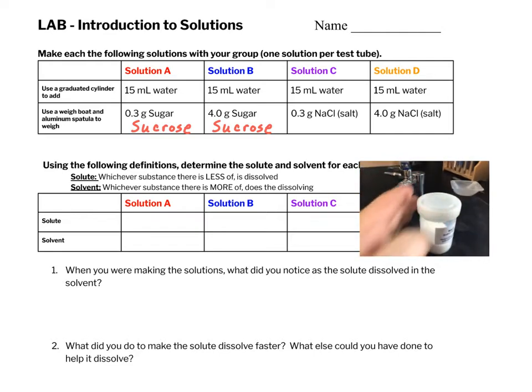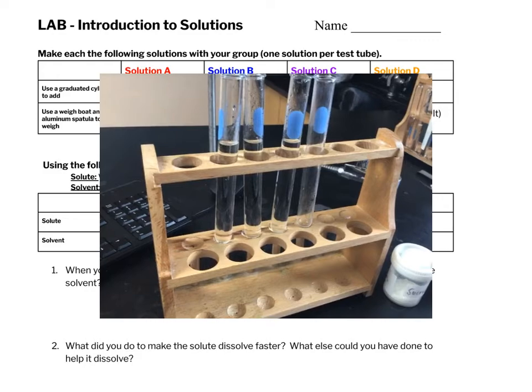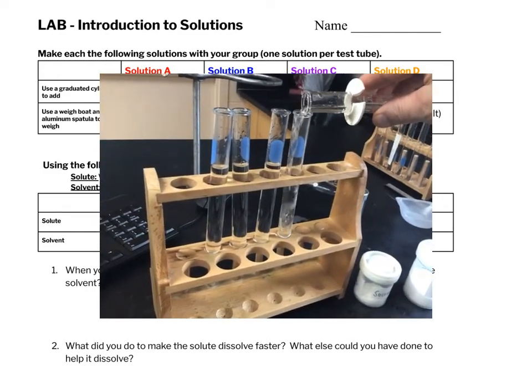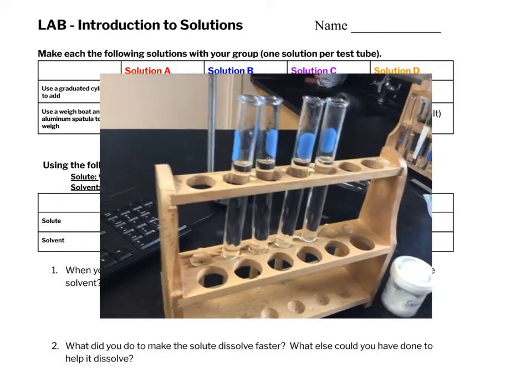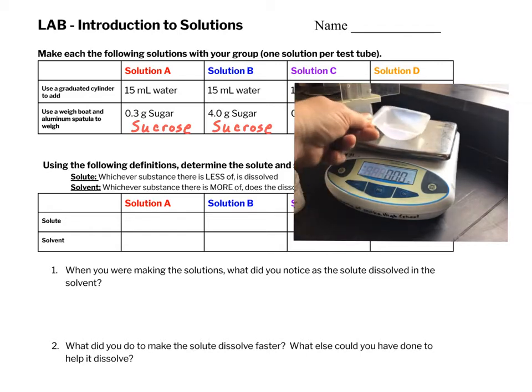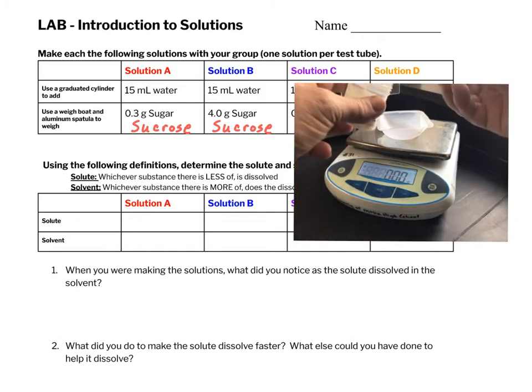All right, it says to put 15 milliliters of water into test tubes and add the specified grams of each. 15 milliliters of water into each. There we go. Solution A then is to have 0.3 grams of sugar. So we'll put our weighing board on here, hit tare or 0, and add 0.3 grams of sugar.